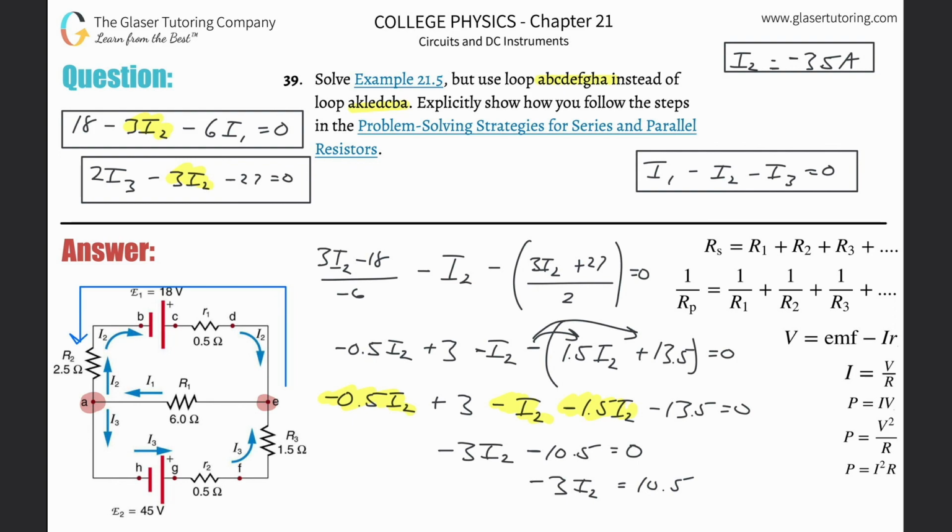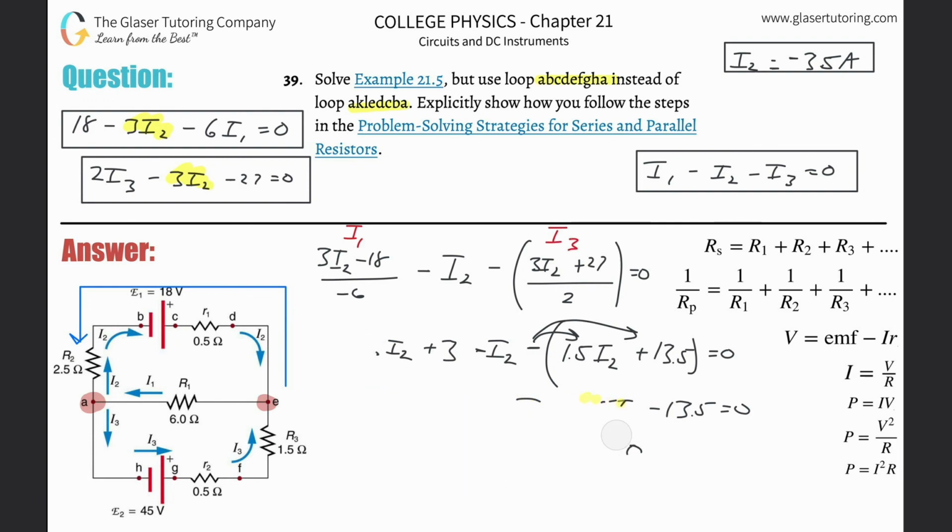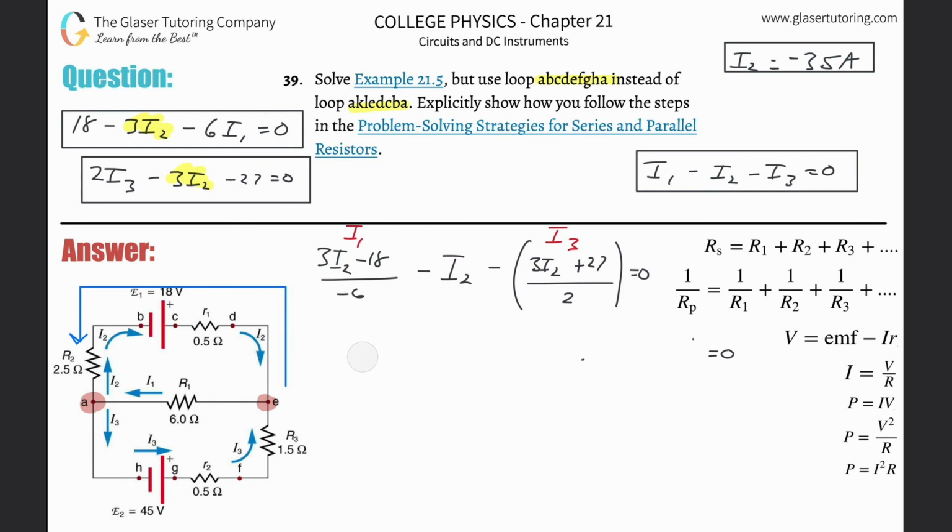Now, this allows me to solve for another variable, right? Remember that each of these terms here was equal to I1, and this whole thing inside was equal to I3. So now I can solve for the missing pieces. Let's choose one of them. Doesn't matter which one. Maybe I'll choose I1 to solve for. So I1 is equal to 3 I2 minus 18, all over negative 6.